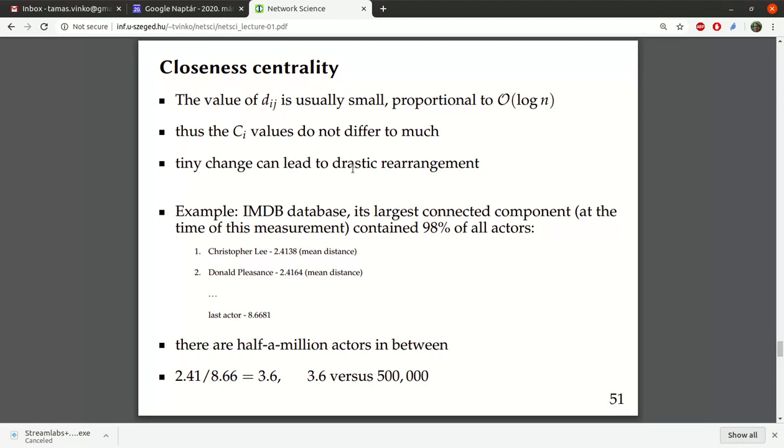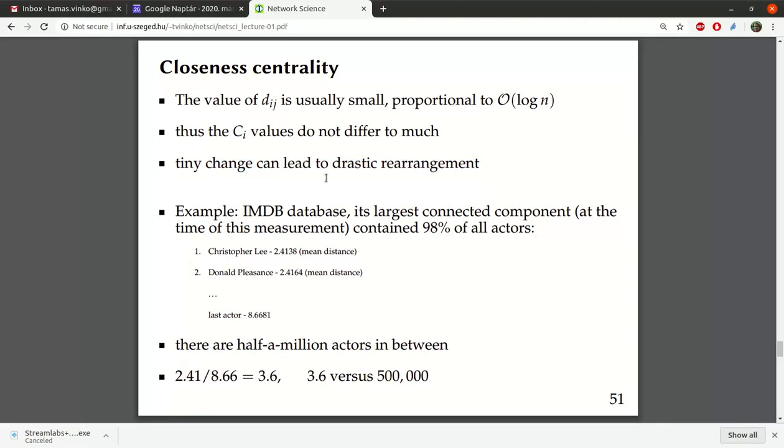And if they are not so different, then it can happen that a very small change, just a couple of new edges or some new nodes with edges coming into the graph, so the graph is in this way dynamic, radically changes the rearrangement of the closeness centrality ranking. And this is something which we don't really like.